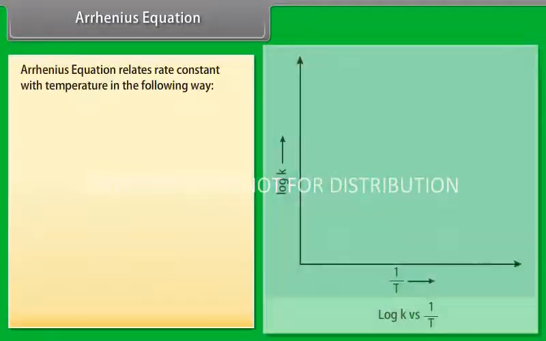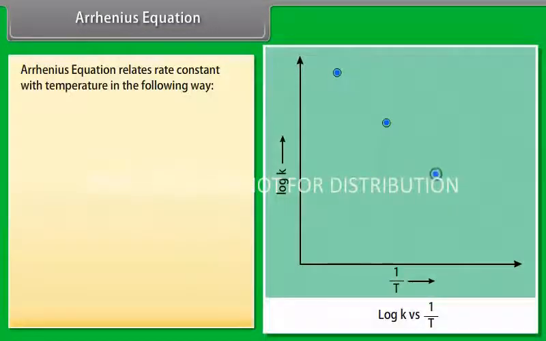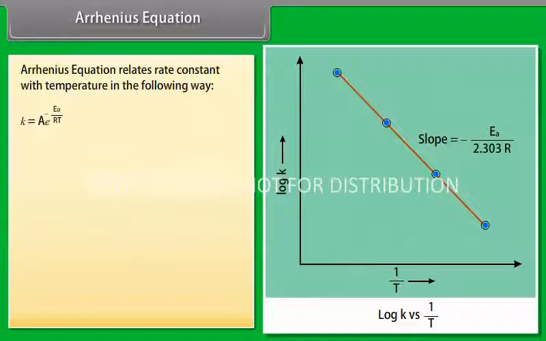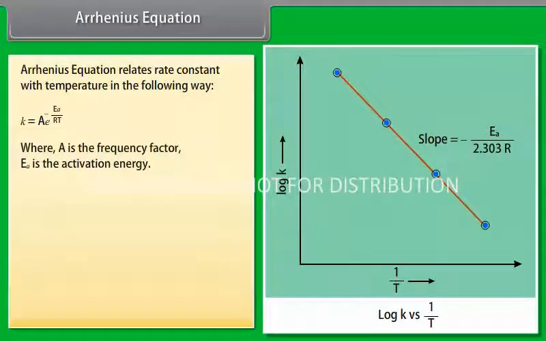Arrhenius equation. Arrhenius equation relates rate constant with temperature as K is equal to the product of A and e raised to the power minus Ea upon RT, where A is the frequency factor and Ea is the activation energy.